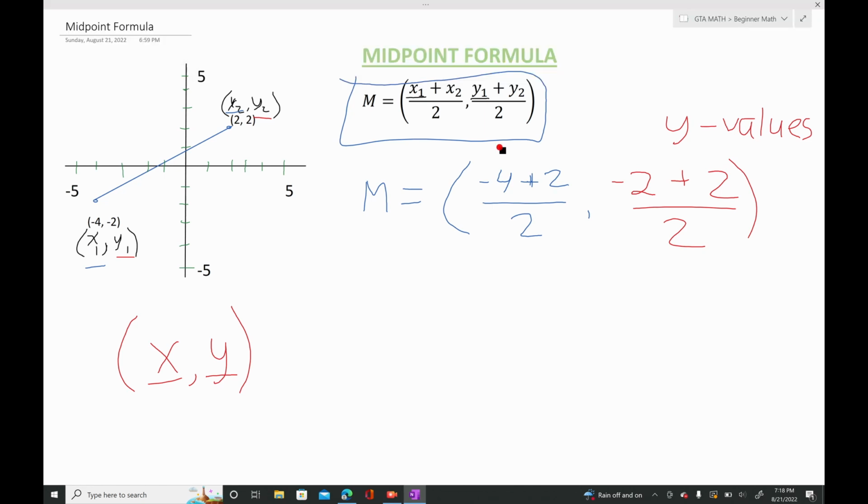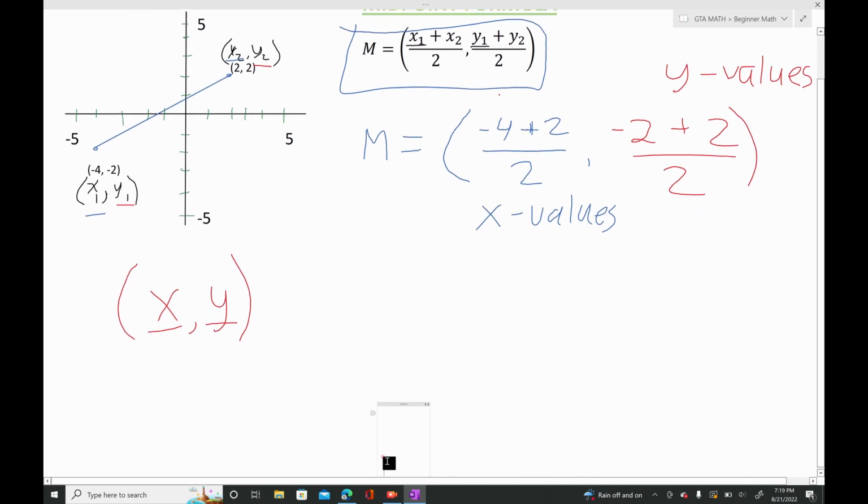And then the blue stuff is x values. So that way, moving forward, you have a clearer understanding of why things are working the way they are.